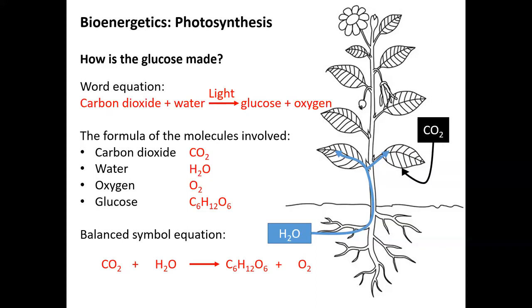I'm just going to give you the balanced formula. So we've got 6 carbon dioxides reacting with 6 water molecules to produce 1 molecule of glucose and 6 molecules of oxygen. So you need to know the word equation and you need to know the balanced symbol equation for photosynthesis. Hopefully you've got those now written down either in your books or on the resource that you've printed out from Show My Homework.